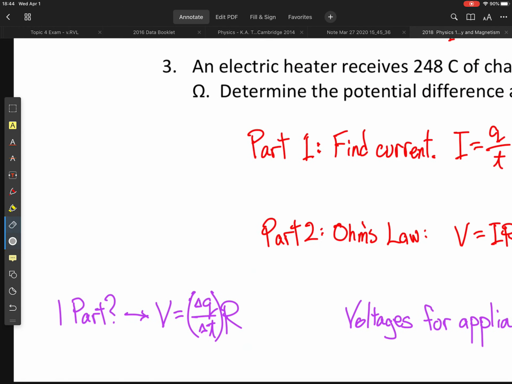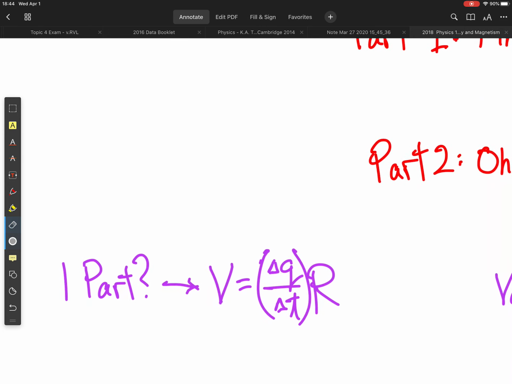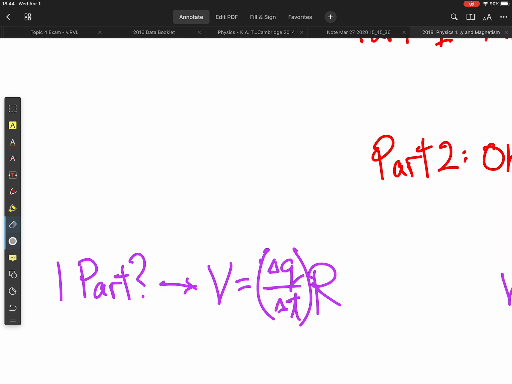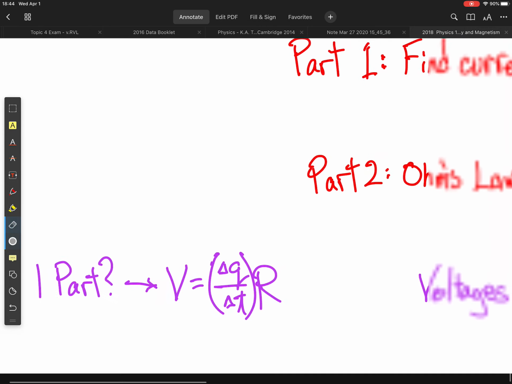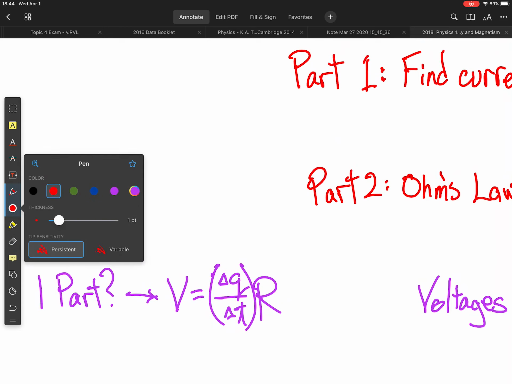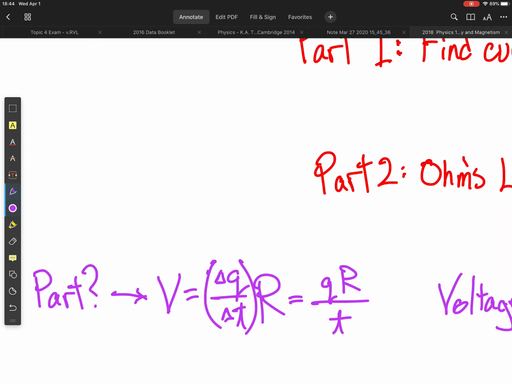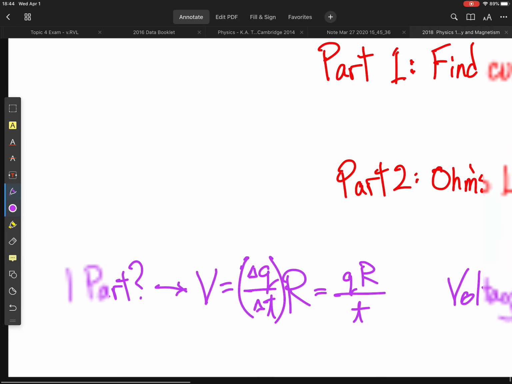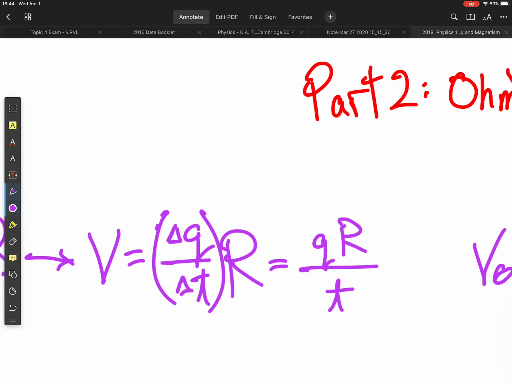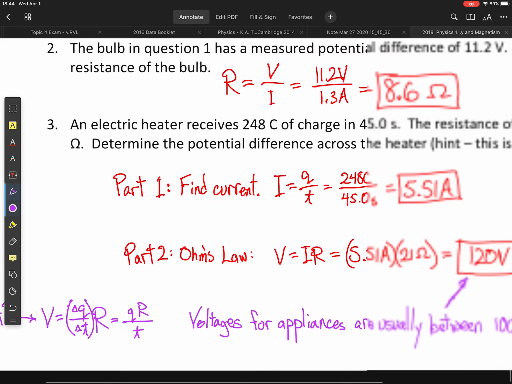Last thing I want to point out is that even though number 3 says to do it in 2 parts, you could do it in 1 part, just doing a little bit of substitution here, and you'll get voltage is equal to change in charge divided by time times resistance, or Q times R divided by time. See, isn't that nice? Handy. You may or may not want to remember this. I mean, I think it's pretty straightforward to work it out.